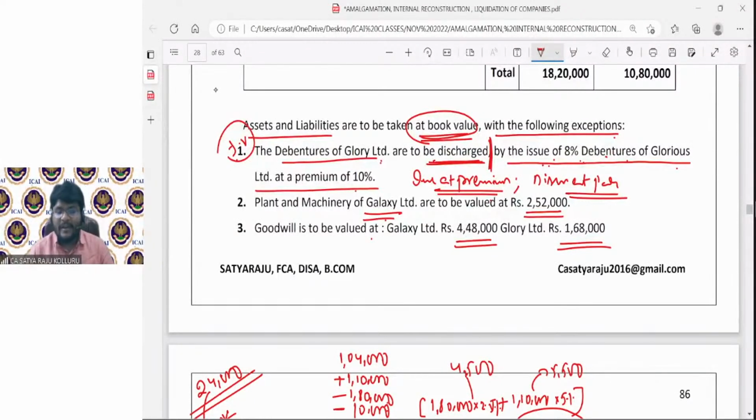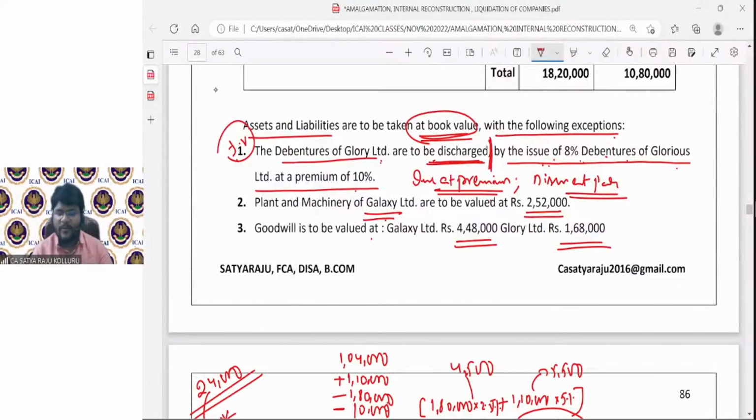Which method of PC? The method of amalgamation we decided: amalgamation in the nature of purchase. Now decide the method of PC, all of you. Some of our friends are telling NAV. Only one friend is telling the net payments method. Sir, when can you apply the net payments method? From the given information, you should be able to ascertain how much amount is payable to the equity shareholders and preference shareholders of the selling company.